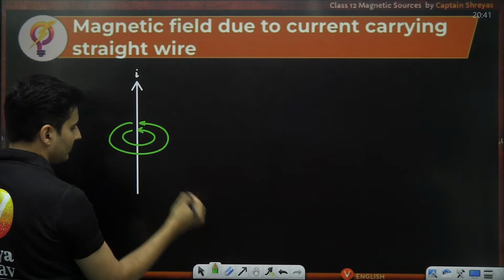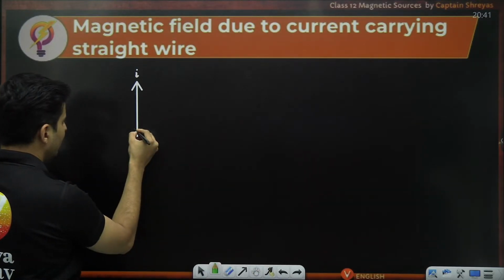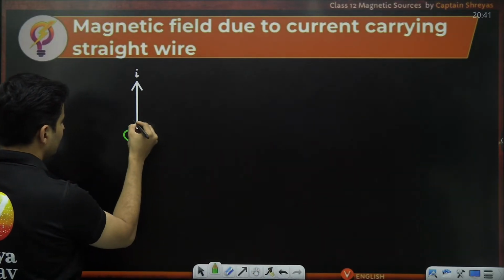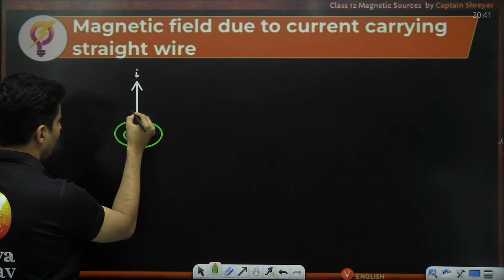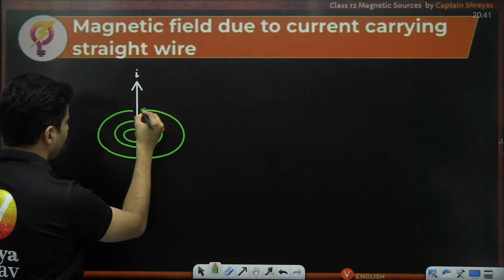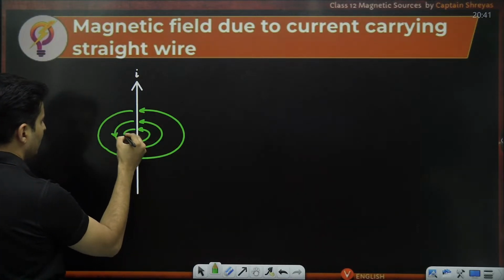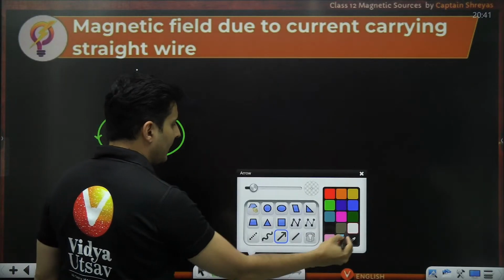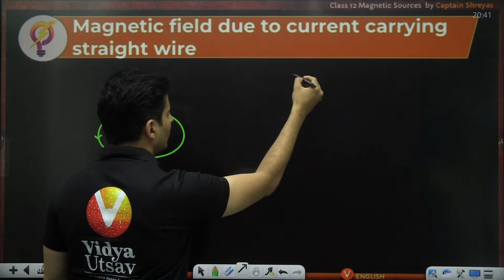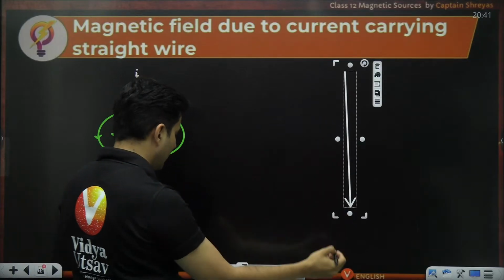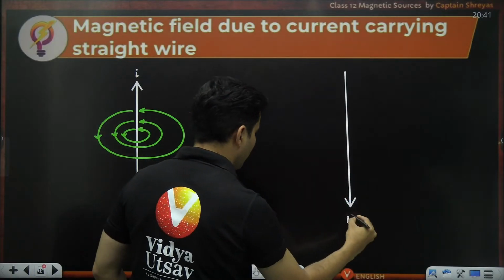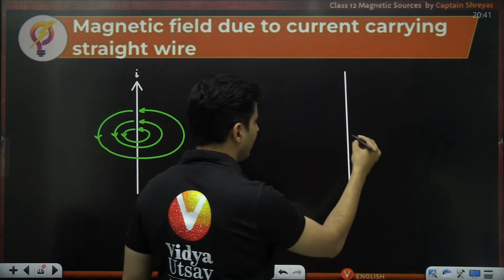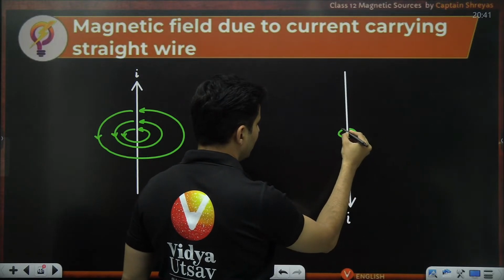So it will be concentric circles like this. If you reverse the direction of the current, the magnetic field will also reverse its direction. So then it will be like this.